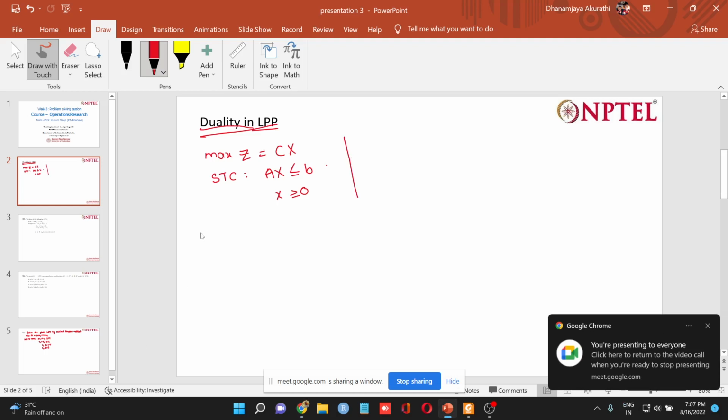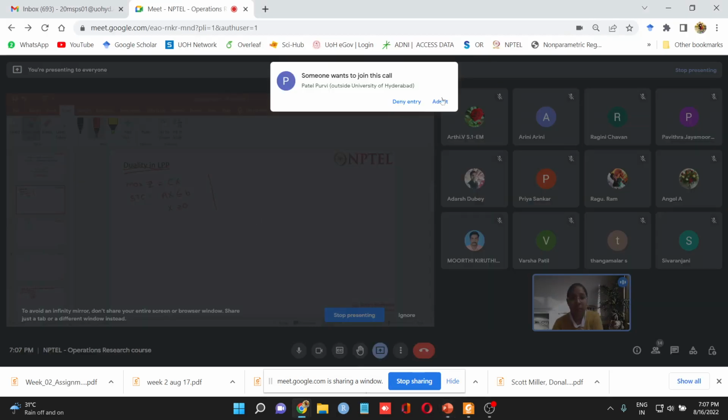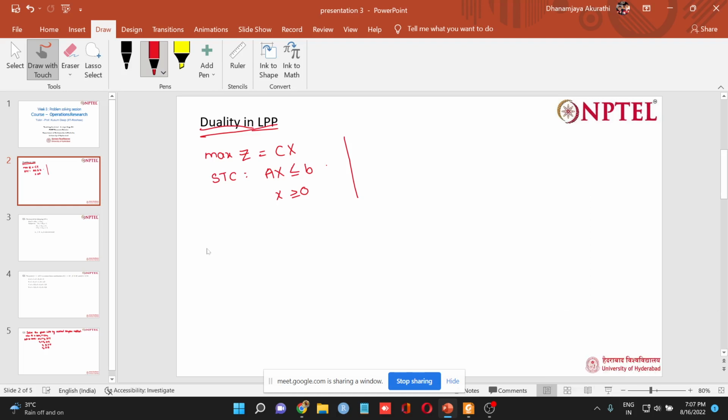First, the steps required for the conversion. If we have the given LP problem, assume that it is the primal, with the primal on one side and the dual on the other.